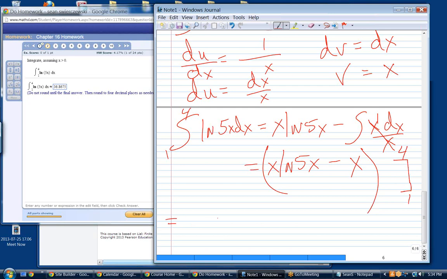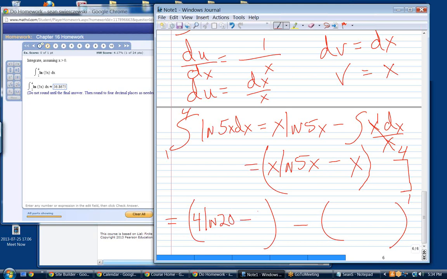So let's do that. And you can't hardly use too much parentheses here. Just know that. So what's this term right here? Start with the bigger limit of integration. Yeah. So 4 natural log of 20, 4 times 5.